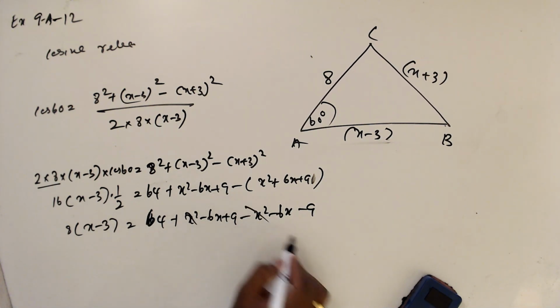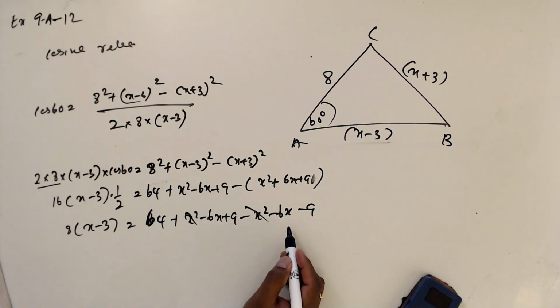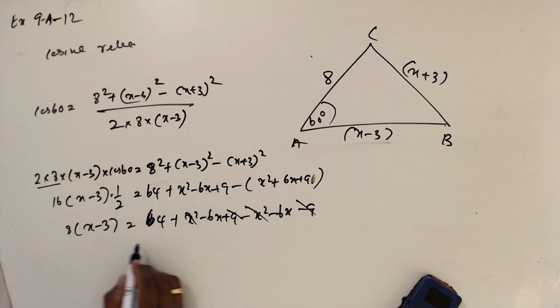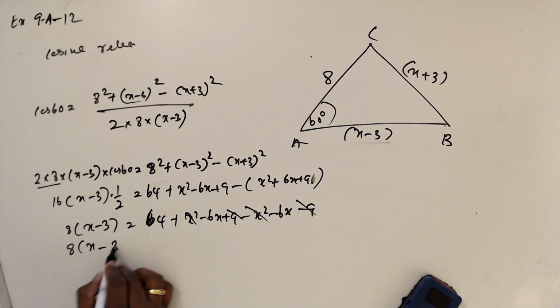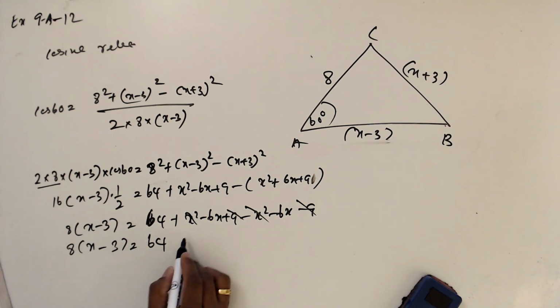The x squared terms cancel out, and minus 9 plus 9 cancel out, so 8 times (x minus 3) equals 64 minus 12x.